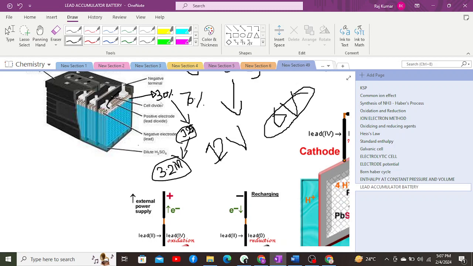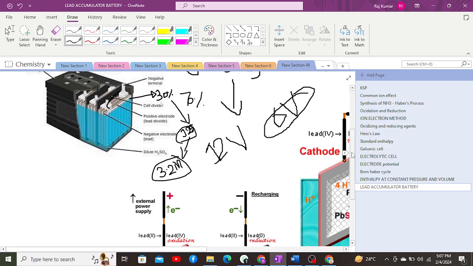The cathode is lead oxide because it has a higher reduction potential, due to which reduction occurs, and thus it tends to have a negative charge. We are going to clarify how in the mechanism as well.